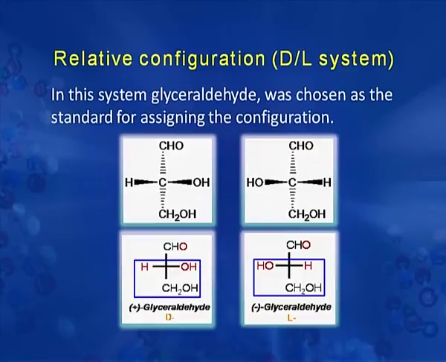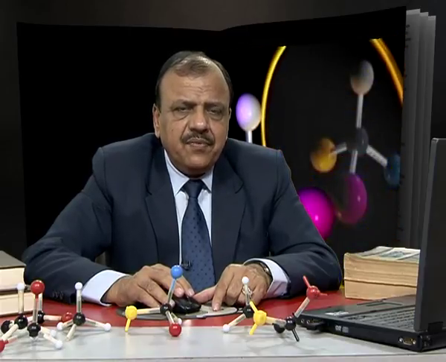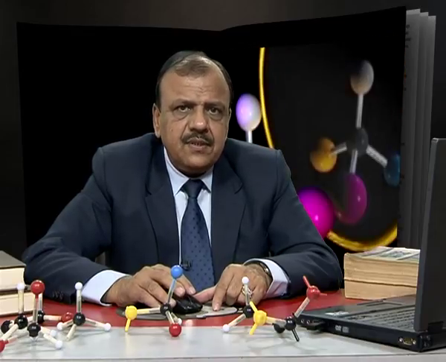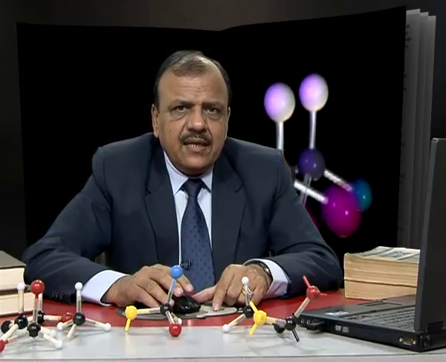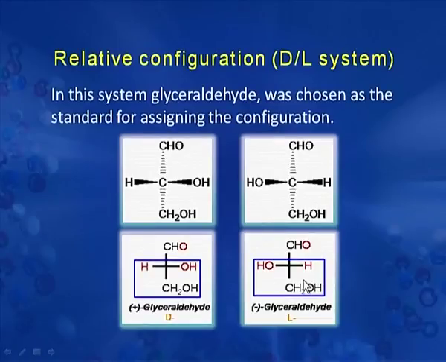The method was given like this: any compound that can be obtained from glyceraldehyde or can be converted into glyceraldehyde by a series of reactions is said to belong to the D series, and the compounds which can be correlated with minus glyceraldehyde are said to belong to the L series, and we use capital D and capital L before their name.